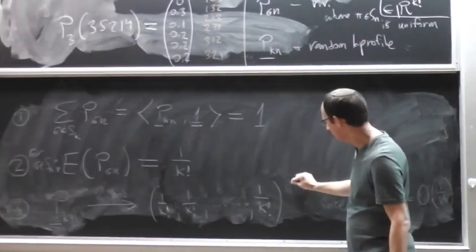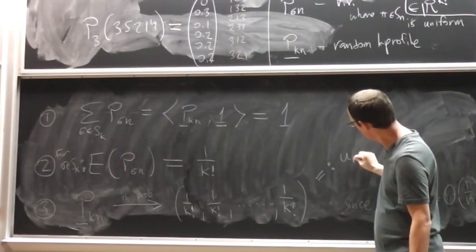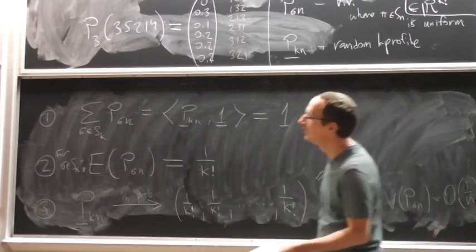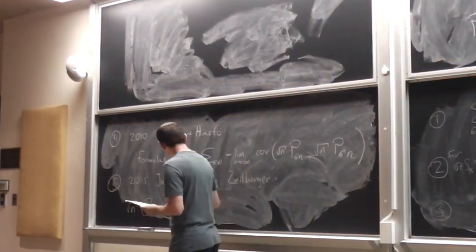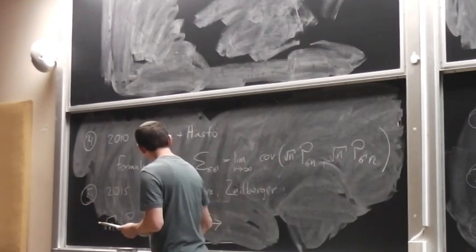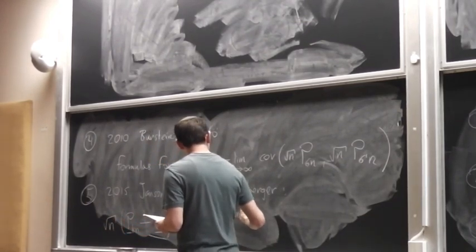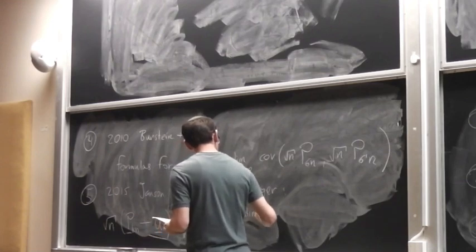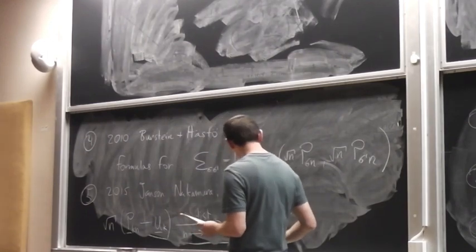Let's define this point in space to be UK. So the difference between them converges in distribution as n goes to infinity to some multinormal random variable.